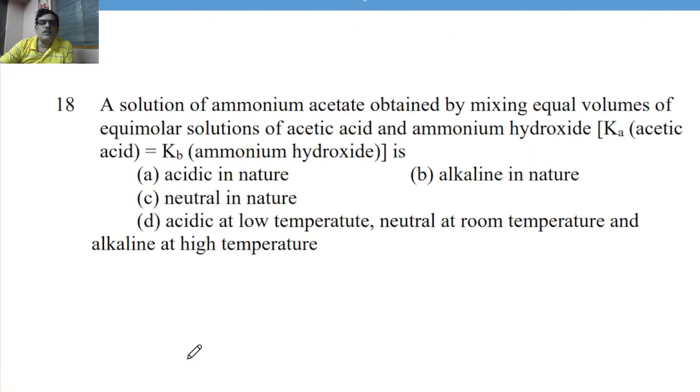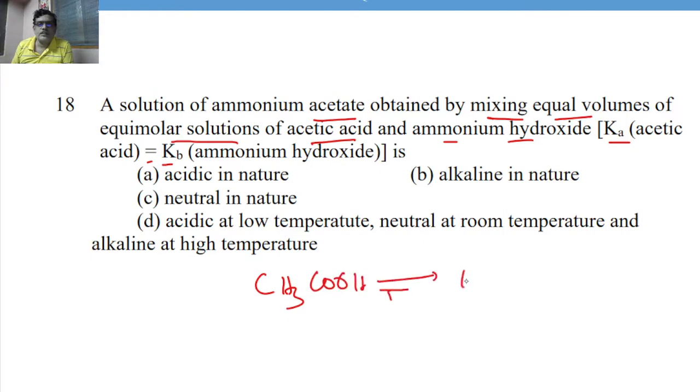A solution of ammonium acetate obtained by mixing equal volumes of equimolar solutions of acetic acid and ammonium hydroxide, given that Ka and Kb are equal, so it should be neutral in nature. Whatever the concentration of H plus produced by dissociation of acetic acid will be equal to the concentration of OH minus produced by ammonium hydroxide.